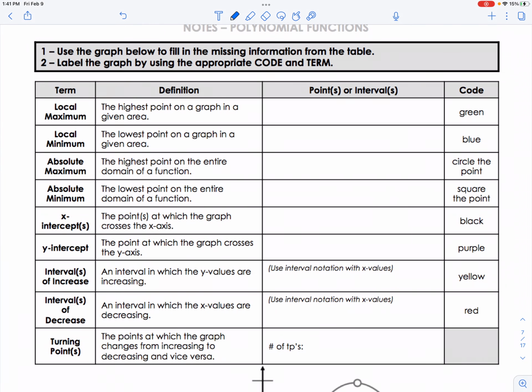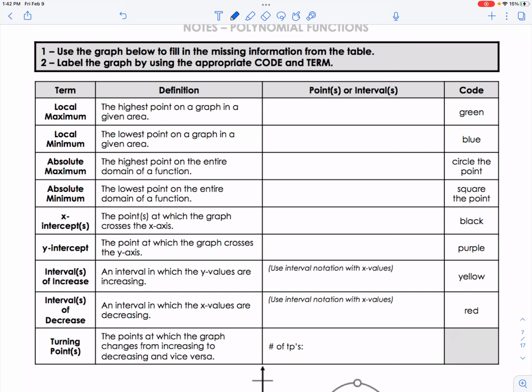X-intercepts, y-intercepts. We want to know what interval is the graph increasing. So when do we have like a positive slope almost? And then when are the intervals of decrease? When are we going down? And then are there any turning points? Those are the points at which the graph changes from increasing to decreasing.